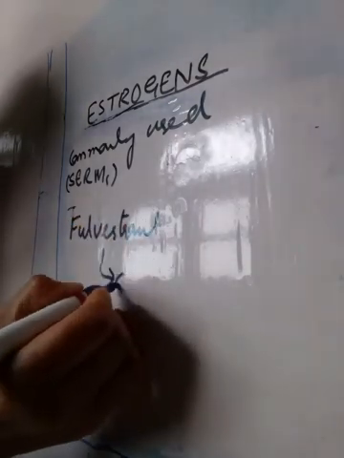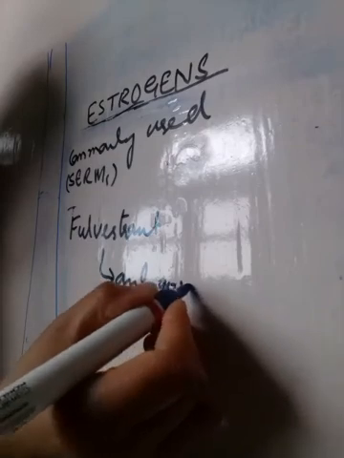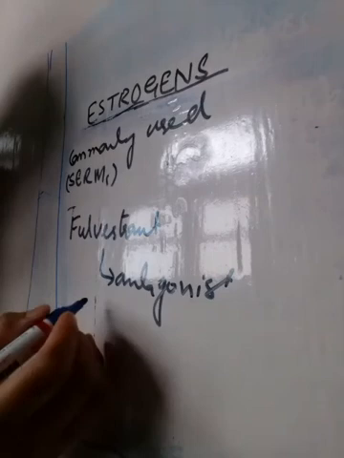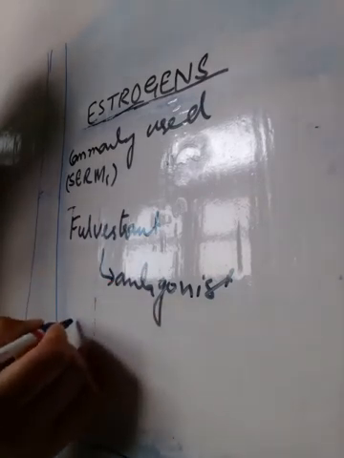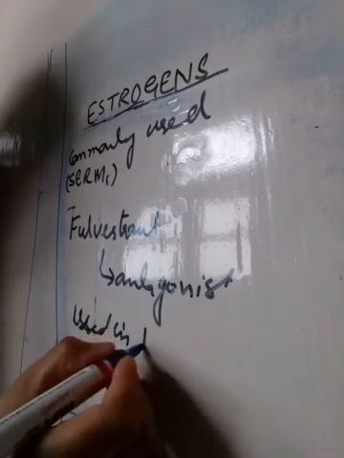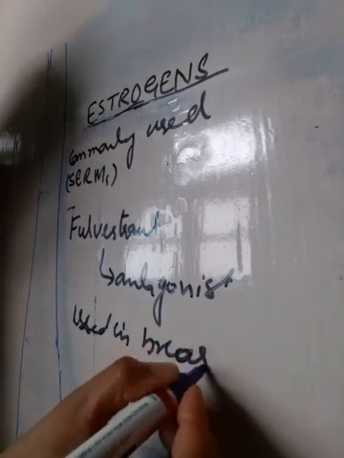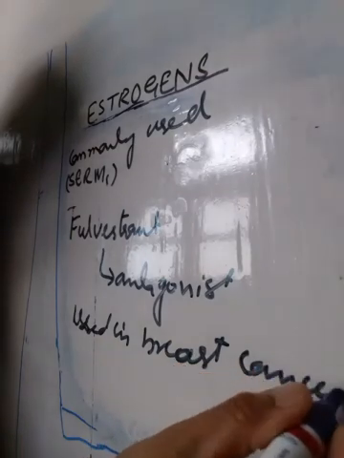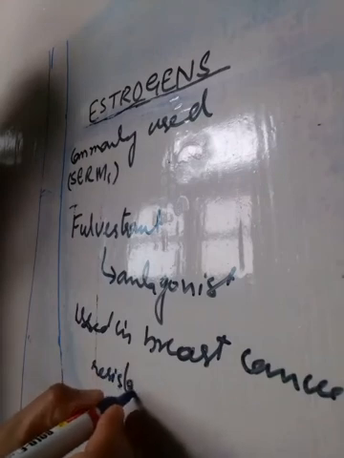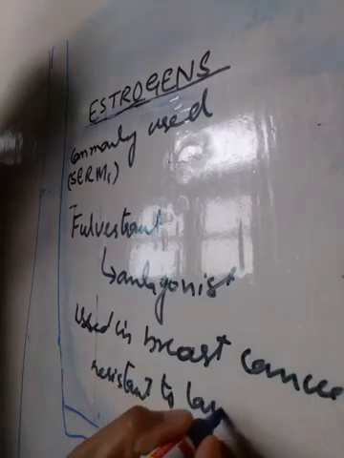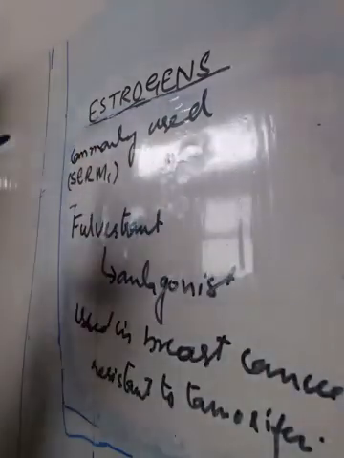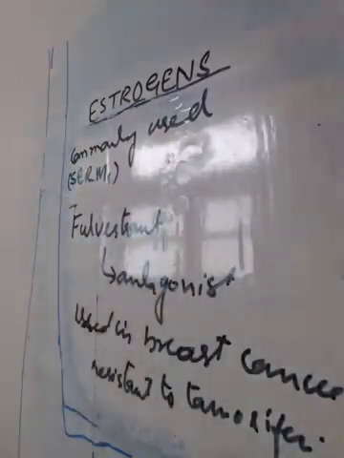It is an antagonist of estrogen and is indicated in breast cancer, where the body is resistant to tamoxifen. So these were the common SERMs used and the antagonist used.